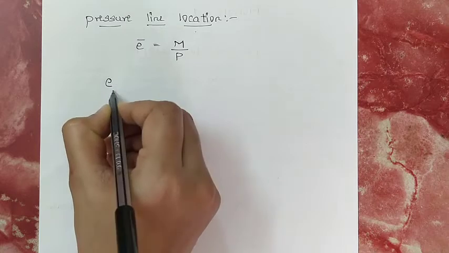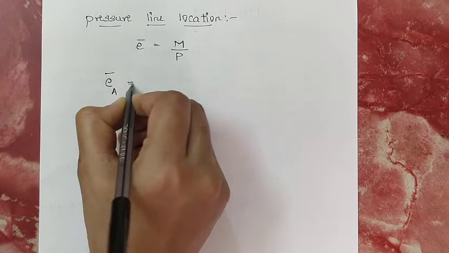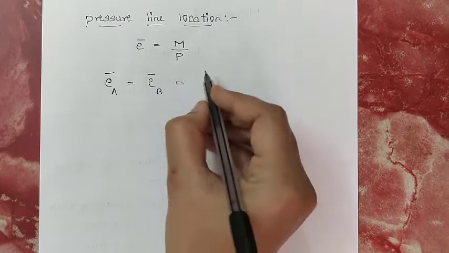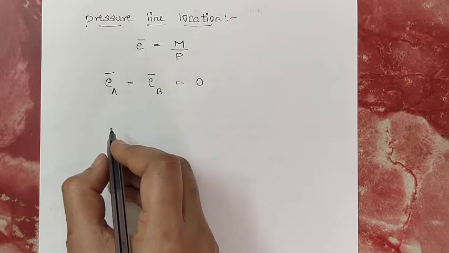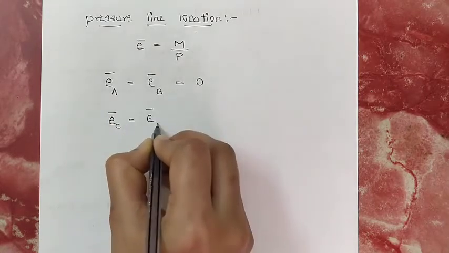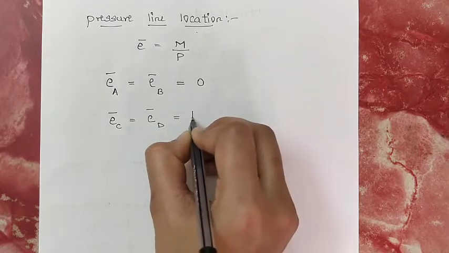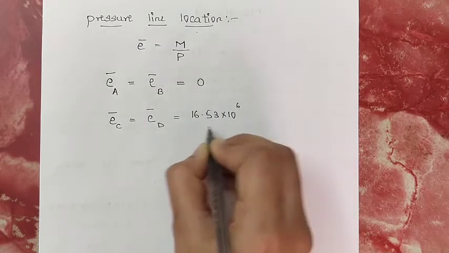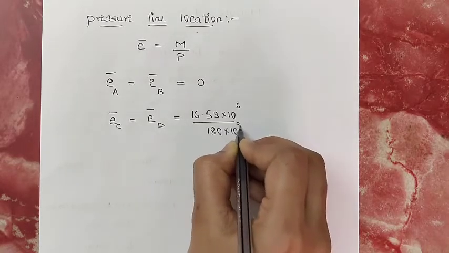That is eccentricity at A, e dash A, will be equal to e dash B. Moment value is 0, so e dash at the end support is 0. Next we calculate e dash at C as well as e dash at D. Moment value is 16.53 kN meter, in mm it is 10 to the power of 6, divided by P value 180 kN, that is 180 into 10 to the power of 3.